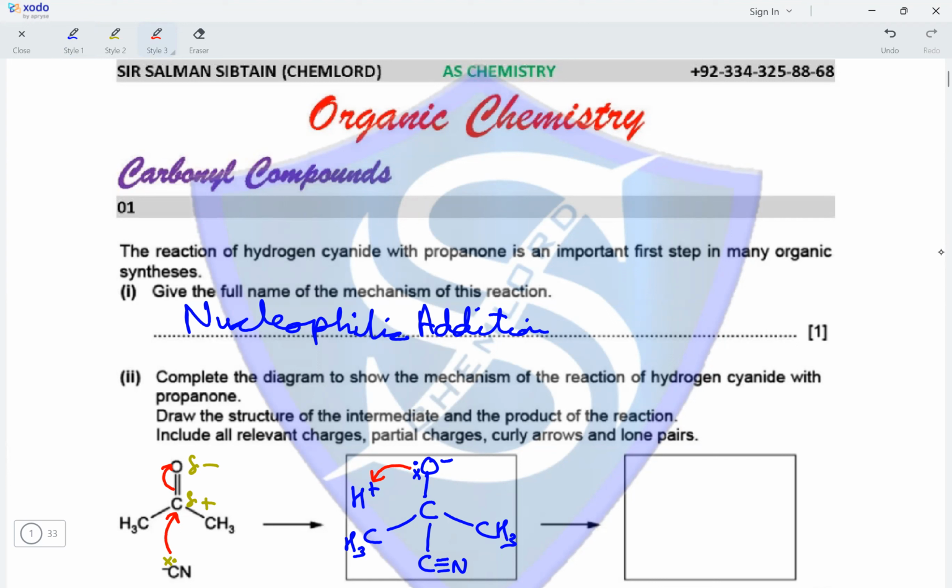The H positive ion adds on to the oxygen atom, turning it into an OH group attached to the carbon, which was the carbonyl carbon, which is attached to two separate CH3 groups and a CN group, forming a cyanohydrin or a hydroxynitrile. So this is how the nucleophilic addition reaction proceeds when propanone reacts with HCN.